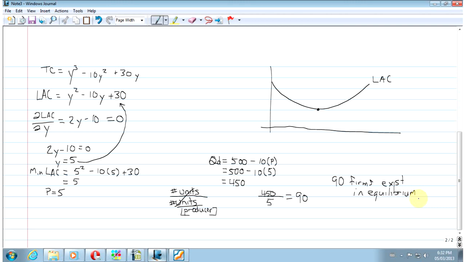If you're not sure whether you should divide or multiply, just put the units in and you'll get the right answer.